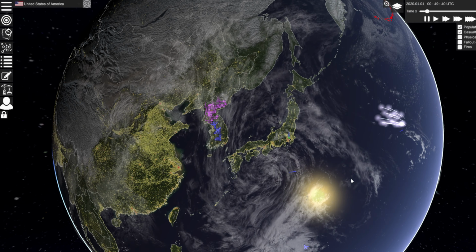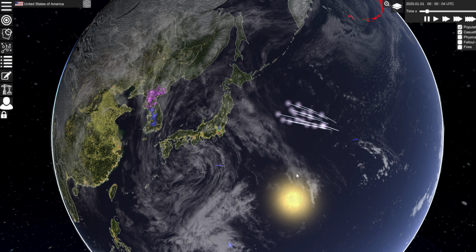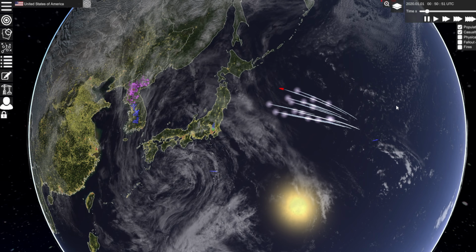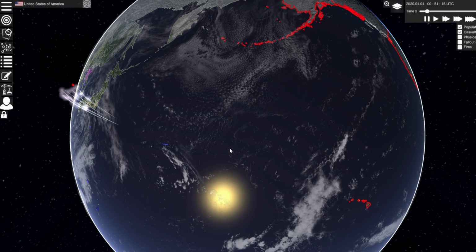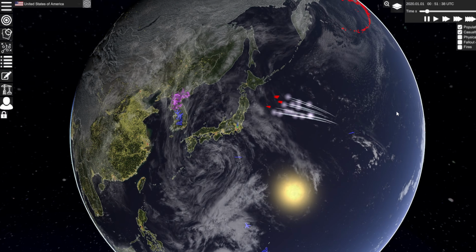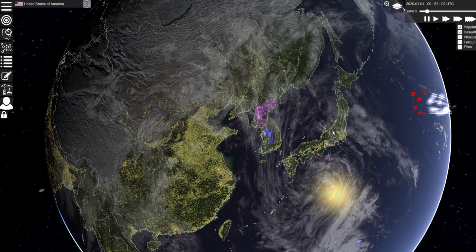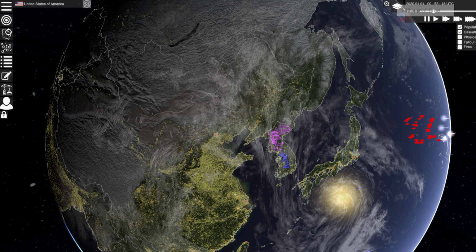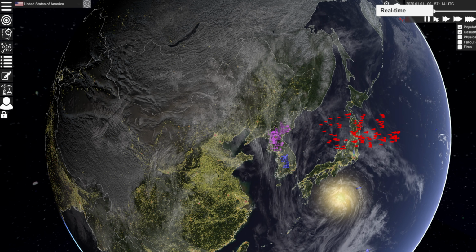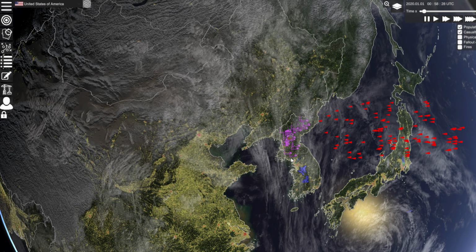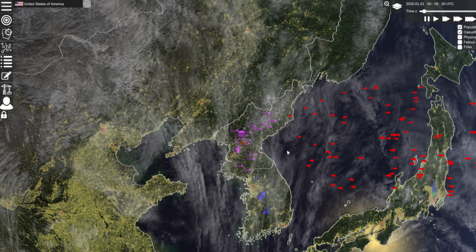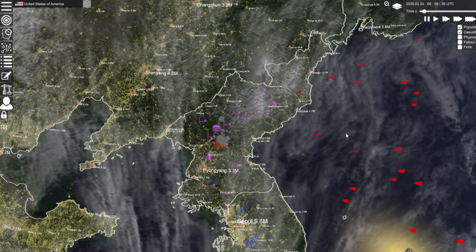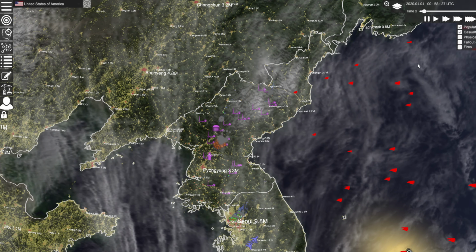Because the United States is now launching a full-on attack against targets in North Korea. And we have the entire payload of a ballistic missile submarine that has launched against North Korea.